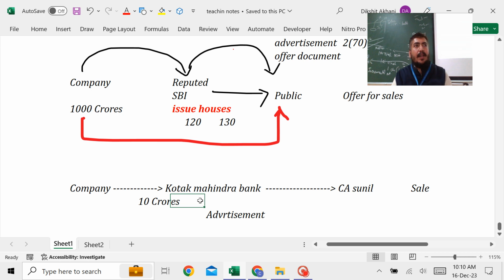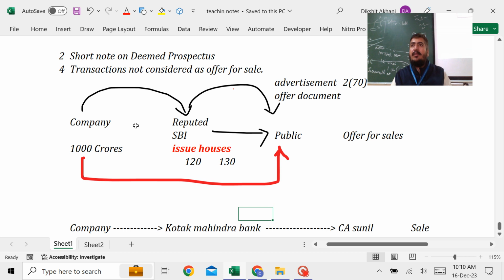What is the problem in this entire story? Let me tell you. You know that the first example carries a lot of responsibilities, but the second example has no responsibilities. So in order to escape the responsibility, the company and a reputed bank like SBI can deal differently: instead of treating this contract as offer for sale, in the contract itself they will put the heading contract of sale.